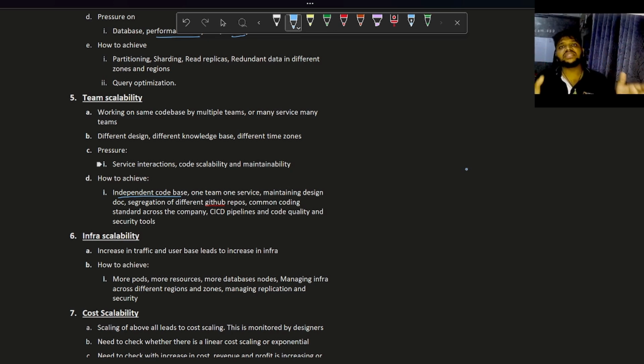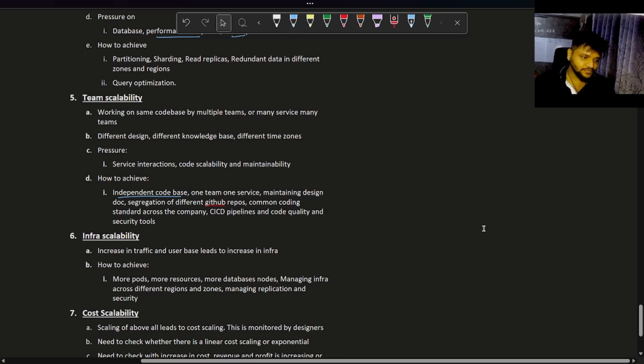Have proper technical design documentation: how the system has evolved, what design was considered, and what trade-offs were taken when designing that particular feature. There should be a standard coding pattern or coding template across the system, so that everyone follows it. There should be SonarQube and check marks to check the code quality. All those things are very much important.